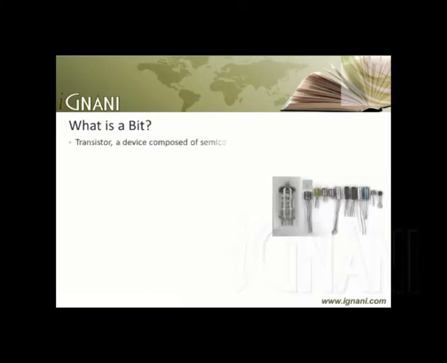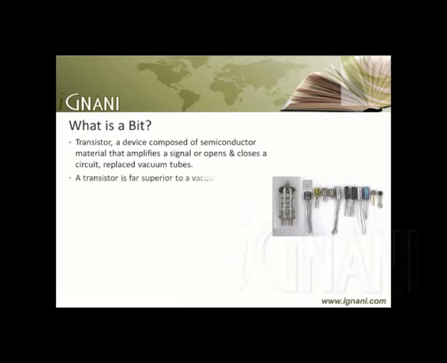Transistor, a device composed of semiconductor material that amplifies a signal or opens and closes a circuit, replaced vacuum tubes. A transistor is far superior to a vacuum tube, while its size was reduced drastically when compared to vacuum tubes.